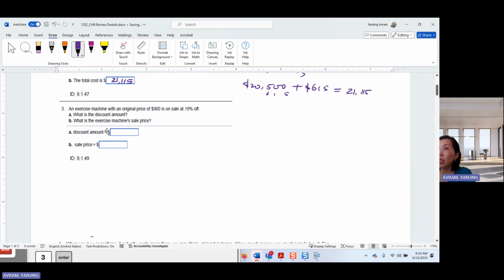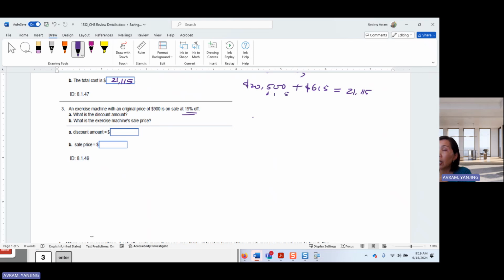Number 3, an exercise machine with an original price of $900 is on sale at 19% off. What is the discount amount and what is the exercise machine sales price? Well, the discount amount here is 19% off, right?